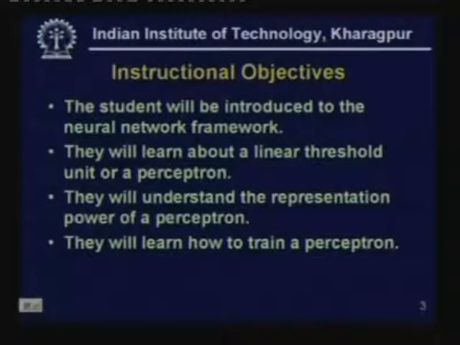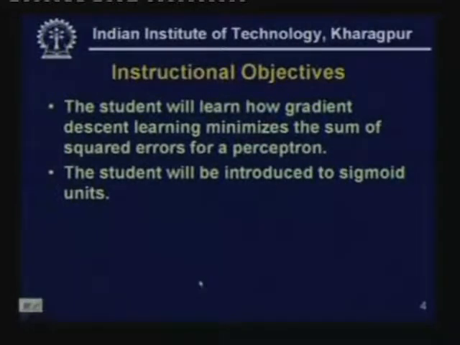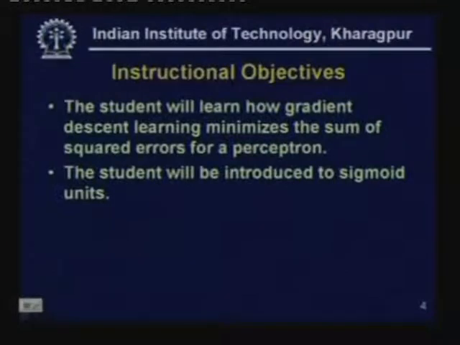The student will learn how a perceptron can be trained given some data to fit the training data, and then they will learn how gradient descent can be applied in order to learn a perceptron or a simple linear unit. They will see that gradient descent learning minimizes the sum of the squared error for a linear unit, and we will also introduce the students to a sigmoid unit, which we will use as a basis for multi-layered neural networks.